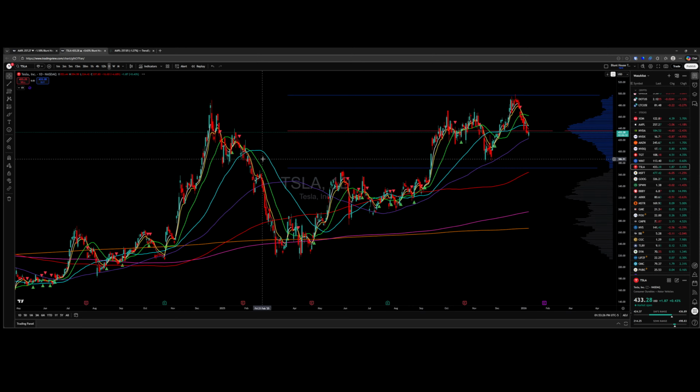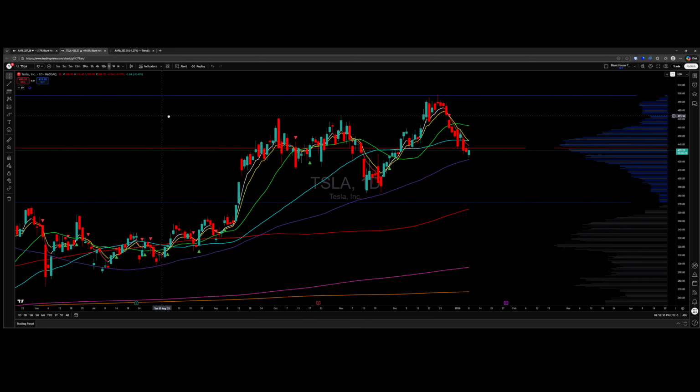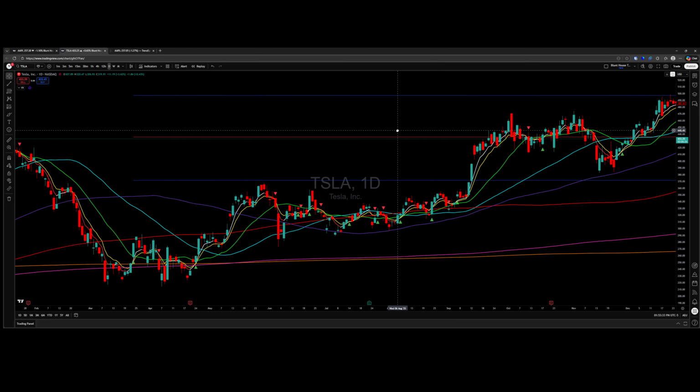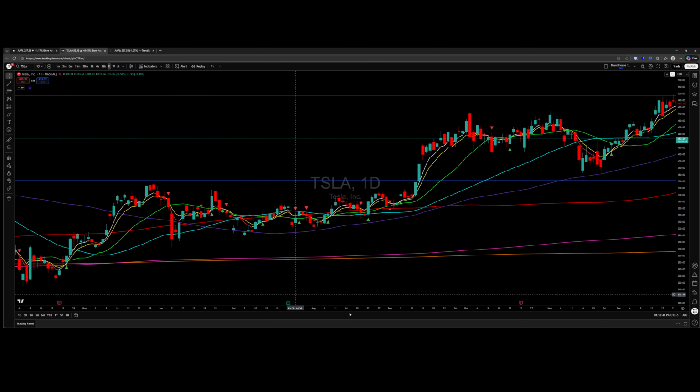Let's look at Tesla. So if you were looking at this chart, you can kind of see this is your upper value range, that's lower value range. In the center, cutting through all of it, is your point of control. Another example of ranges.